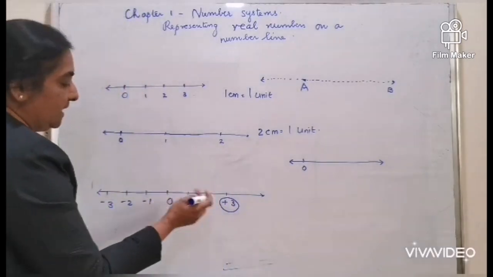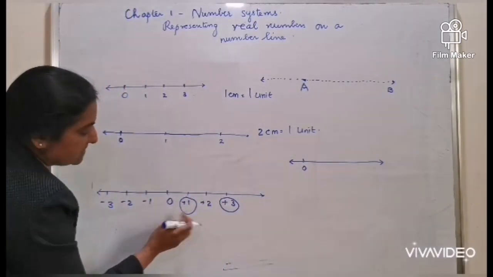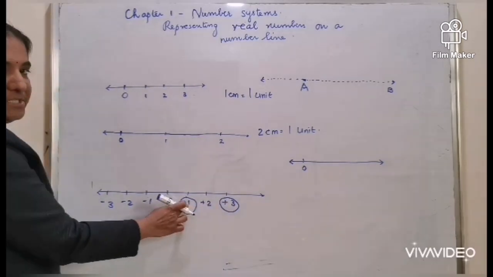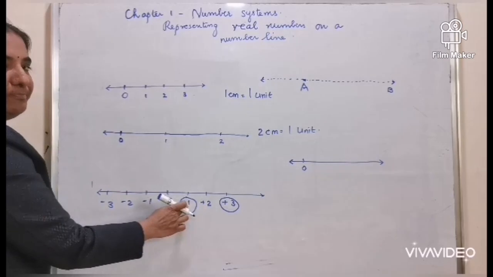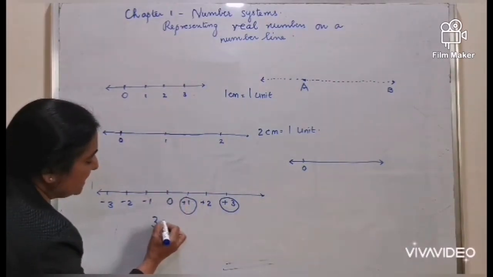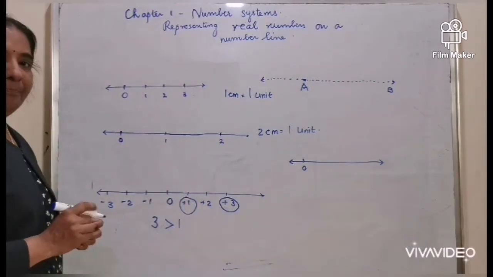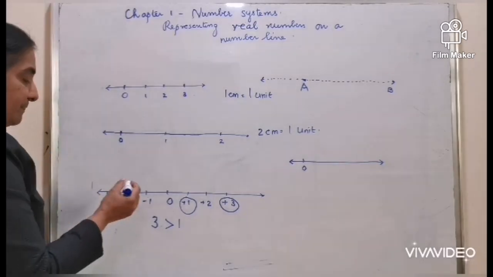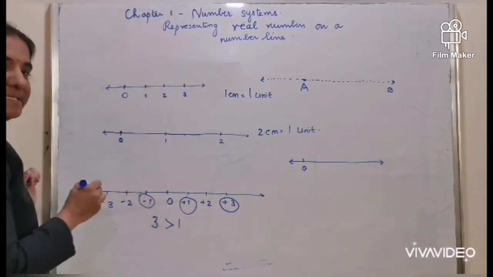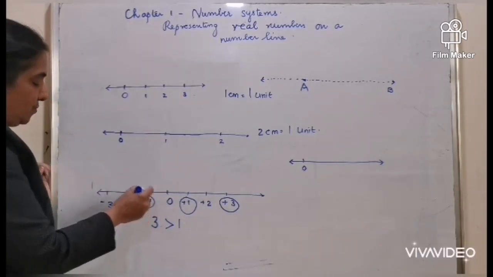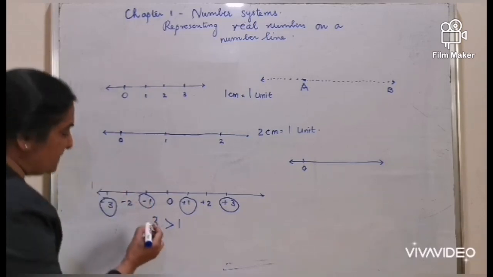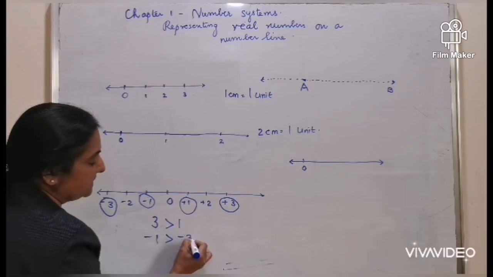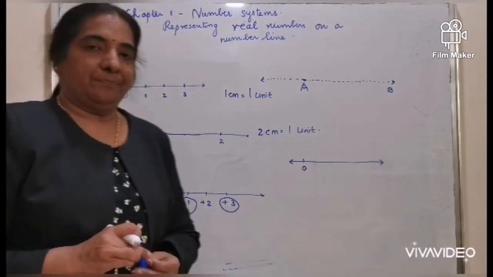If you consider the two numbers positive 3 and positive 1, positive 3 is towards the right of plus 1, or 3 is greater than 1. In a similar way, when you consider the negative integers, minus 1 is towards the right of minus 3, which proves that minus 1 is greater than minus 3.